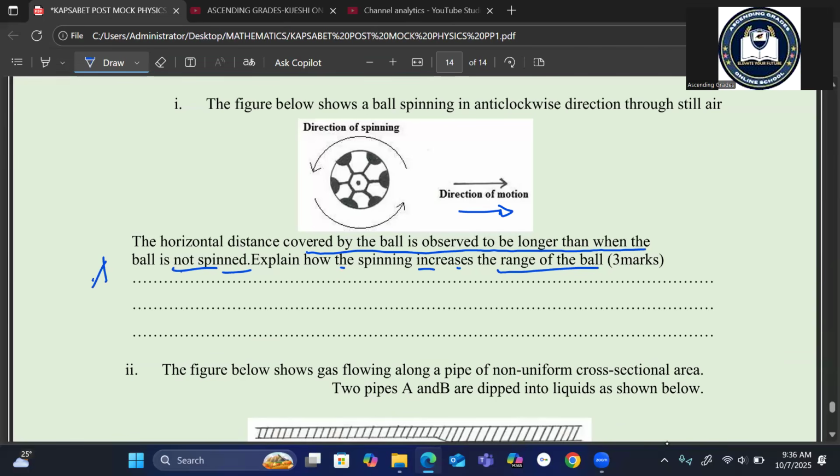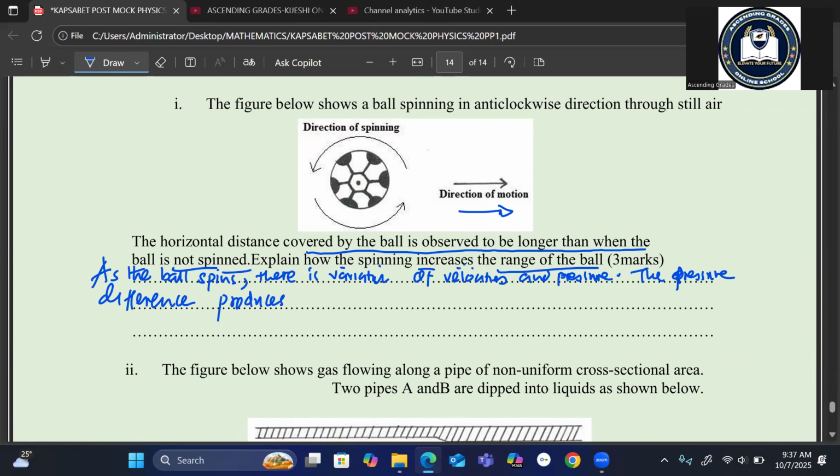As the ball spins, there is variation of velocities and pressure. The pressure differences produce a lift.